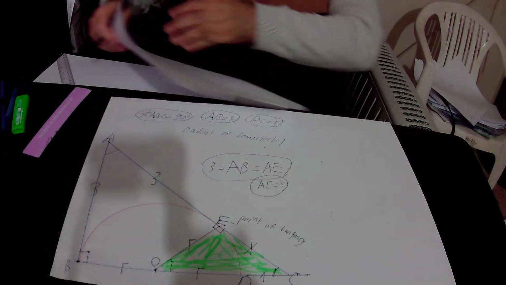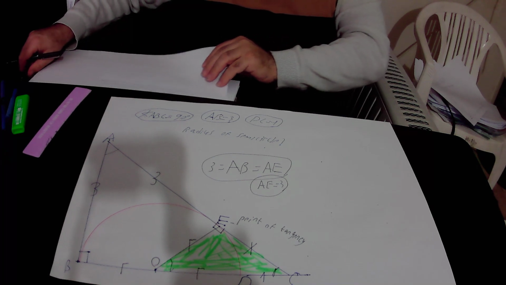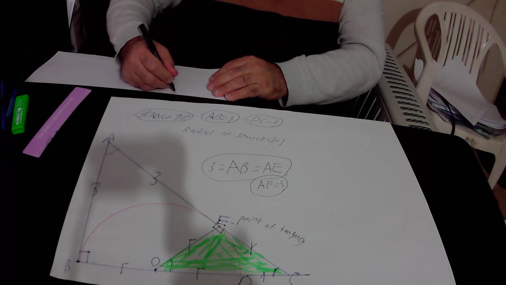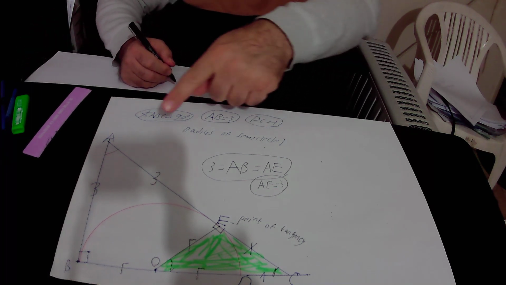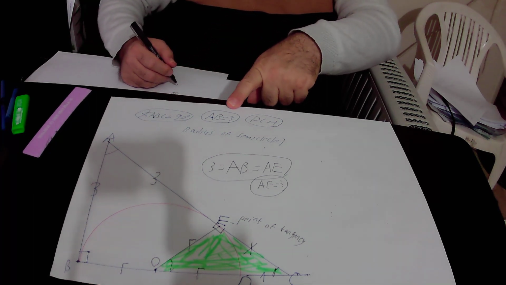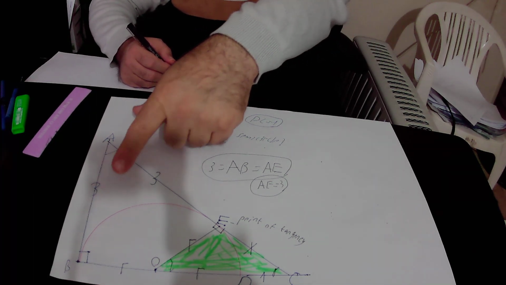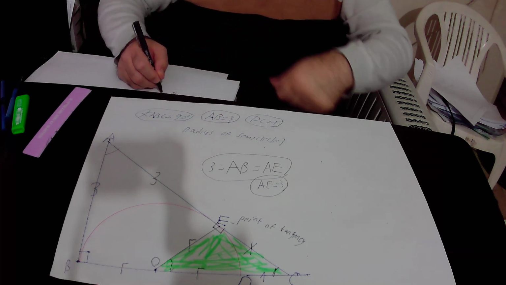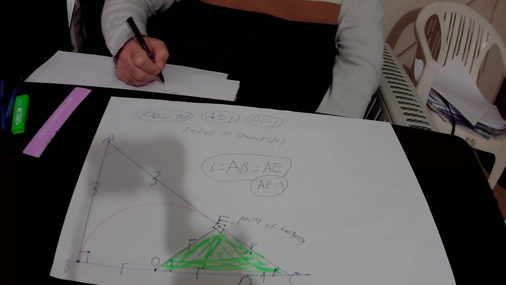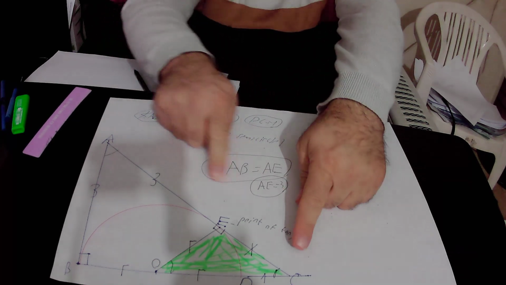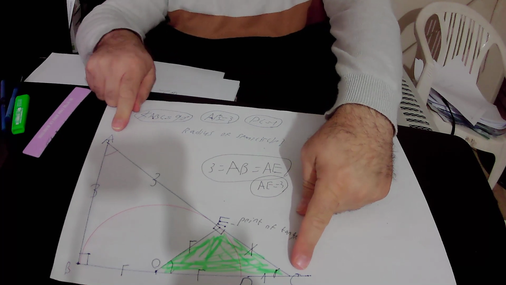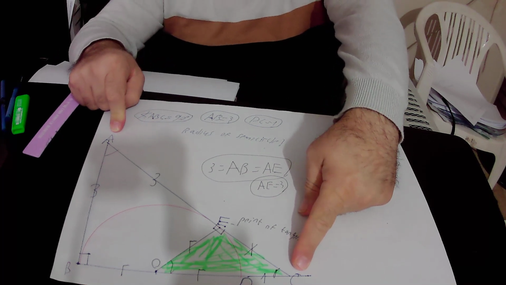But what is the value of AB? The value of AB is 3 units. According to what is given in the question, AB equals 3 units. And what is the value of AC? That is the hypotenuse of triangle ABC.